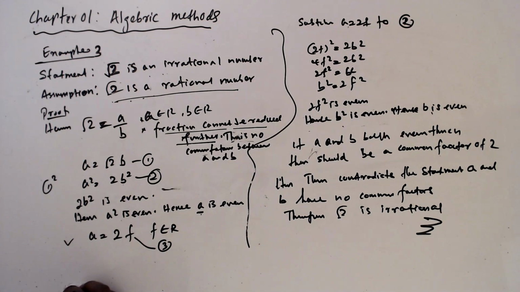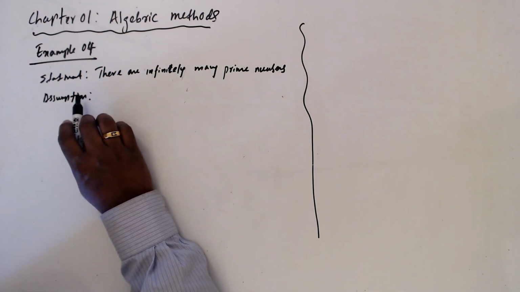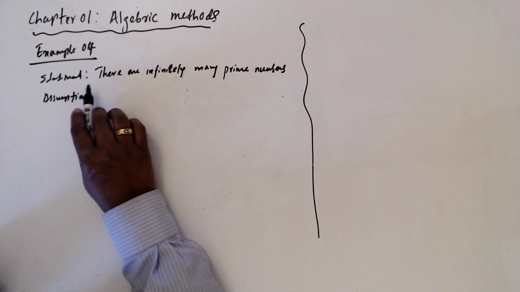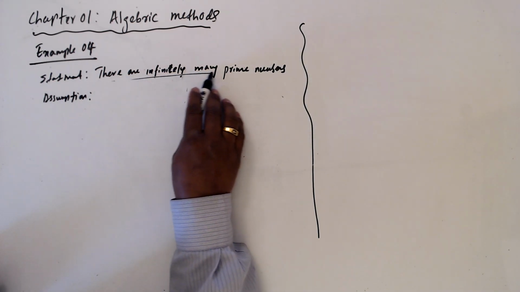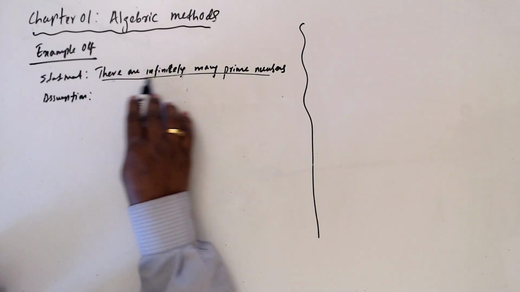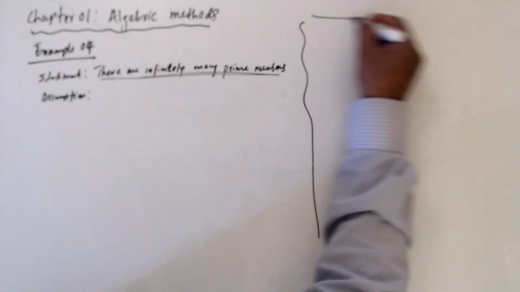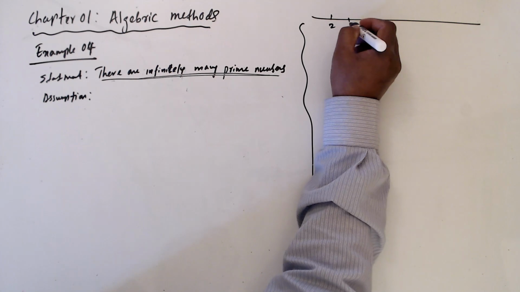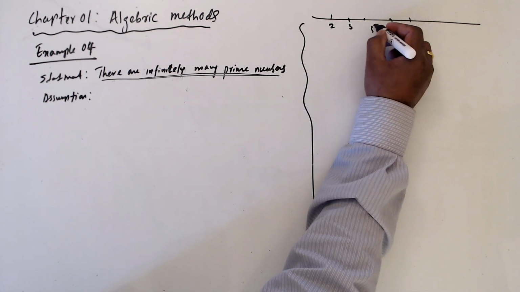Let's discuss example 4 now. Example 4, we want to show that there are infinitely many prime numbers. Are there infinitely many prime numbers? When you take a number line, so 2, 3, 5, 7, 11, those are prime numbers.